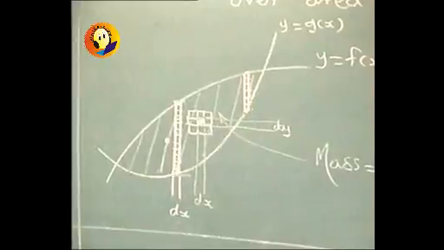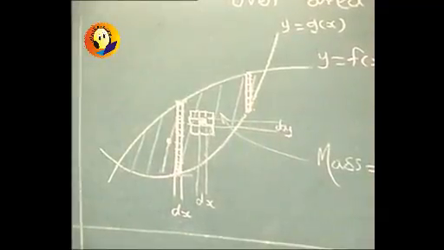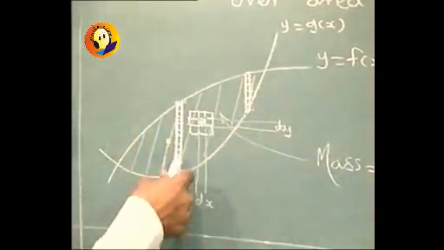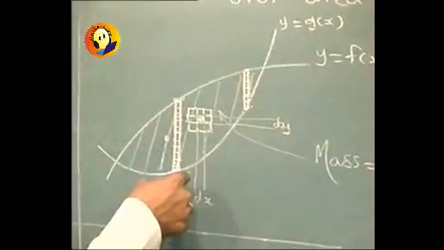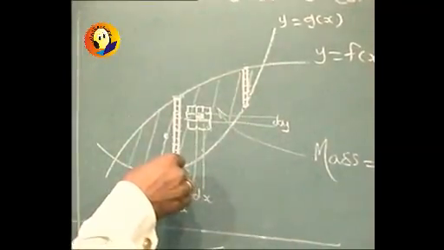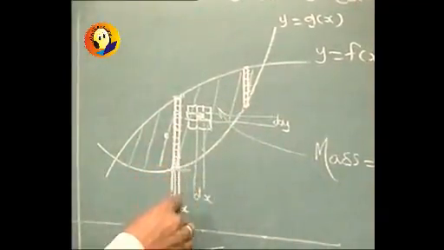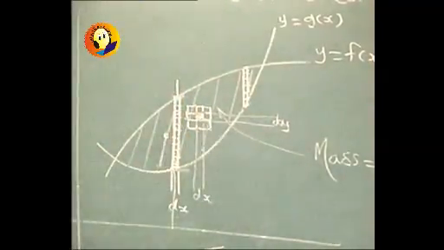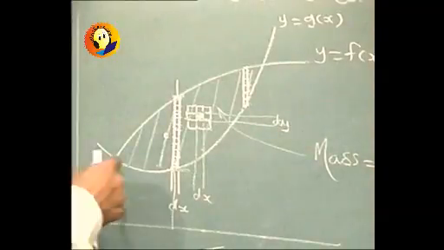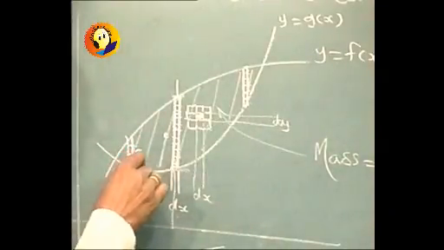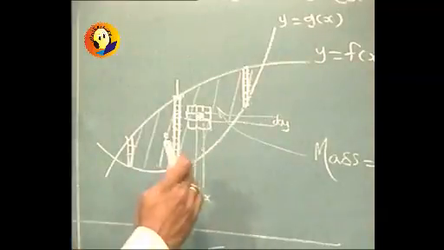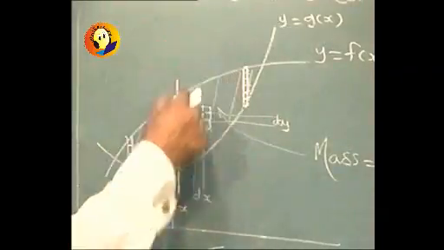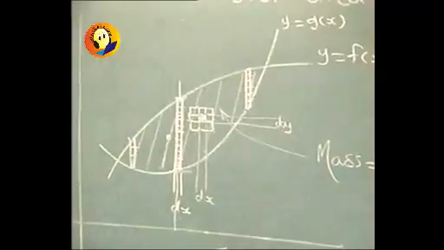Ultimately we come to the conclusion that if I am to take the sum of all these areas, at every point the lowermost value of y will depend on the x coordinate at that point, and the uppermost value of y will also depend on the x coordinate at that point. So in order to add all these small areas, we will think of going horizontally by taking every time a strip of width dx.